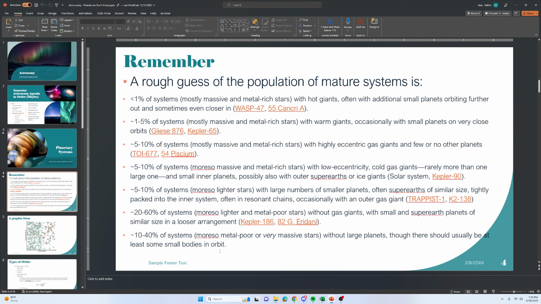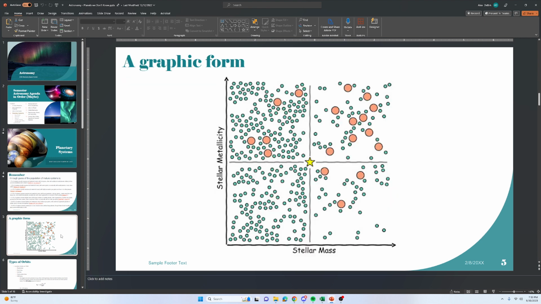So what I'm saying here is, this is a lot of info. The idea is this. Your star can be massive or have a lot of metal, or both, or neither. It either has high mass or low mass, and high metallicity or low metallicity. And those give you 4 combinations.